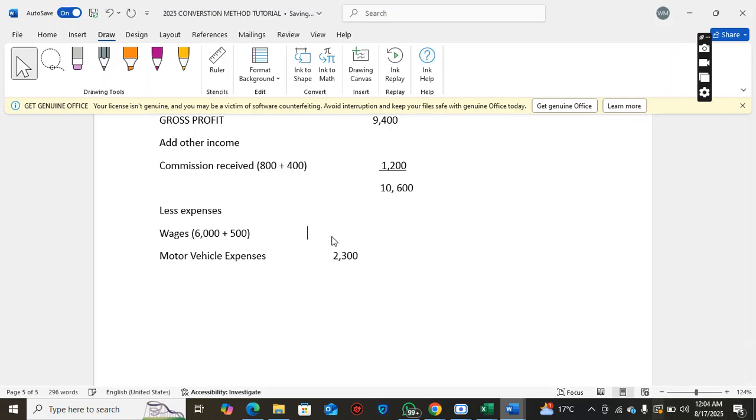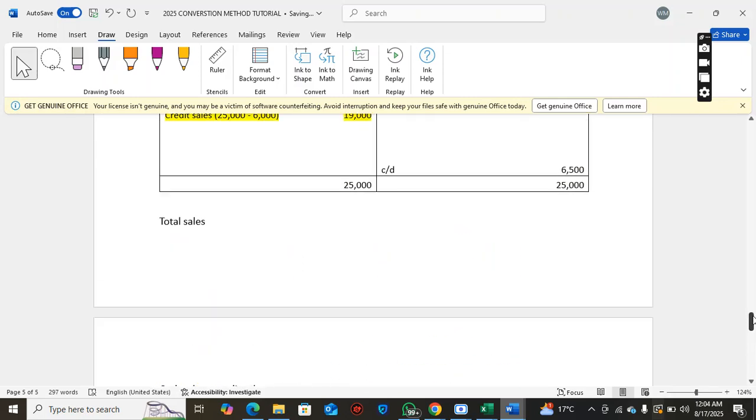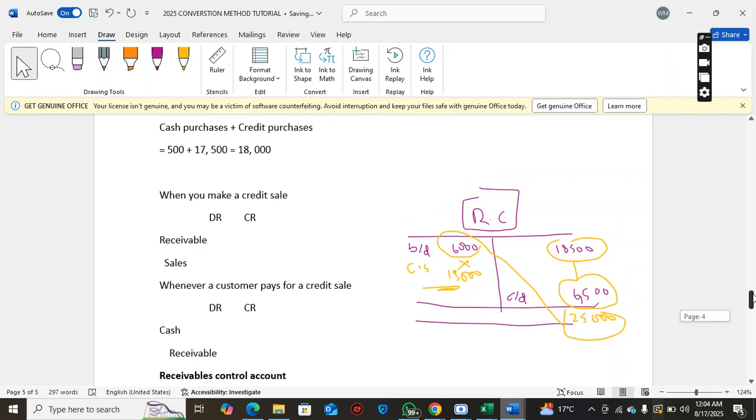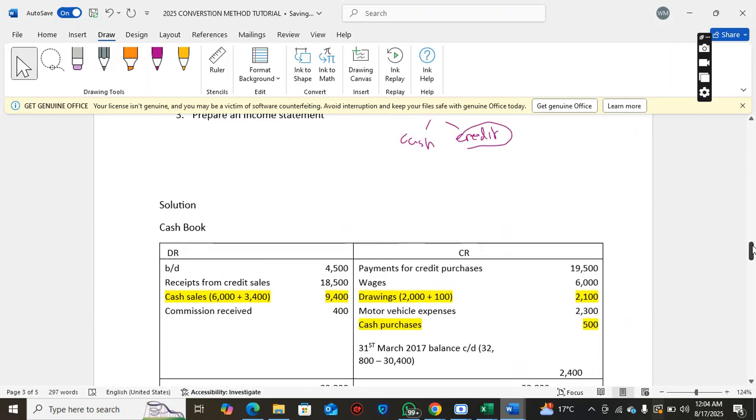Yes. So why didn't you say that, sir? Are those the only expenses we have? Wages, motor vehicle expenses.